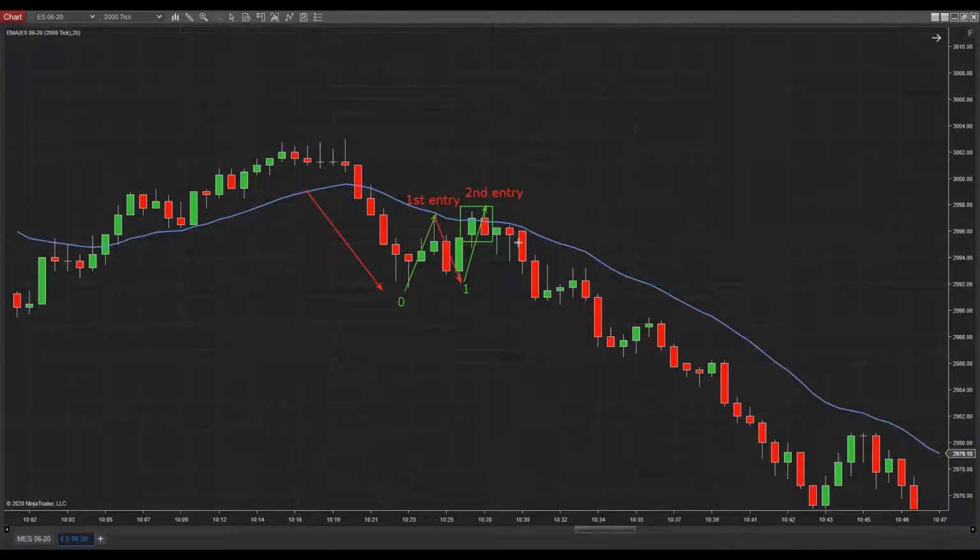And you see here that traders had entered in one tick below the signal bar. And they entered in, one second, let me clear up some boxes. We see that they entered in this bar.